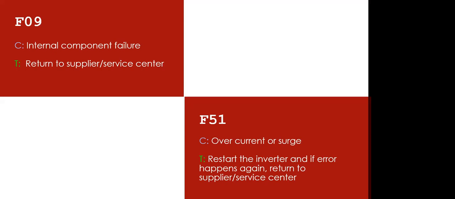So in order to protect the inverter from F51, we need to get an appropriate breaker. Whenever we want to size a breaker for solar, we should know that we are using DC, and the voltage of the breaker we want to get must not be higher than the maximum voltage that will come from the PV.